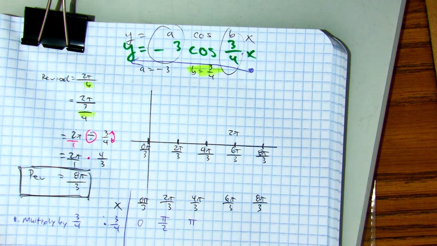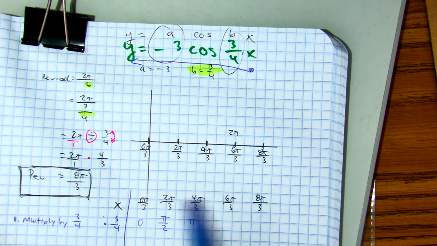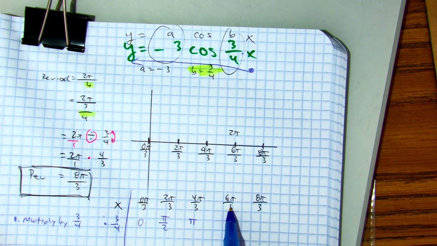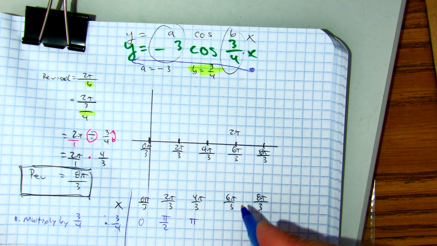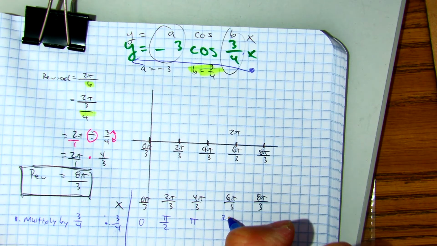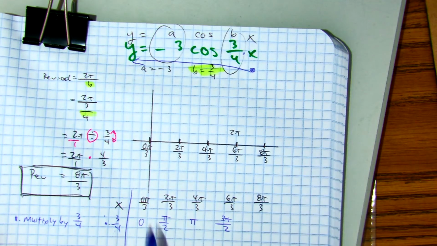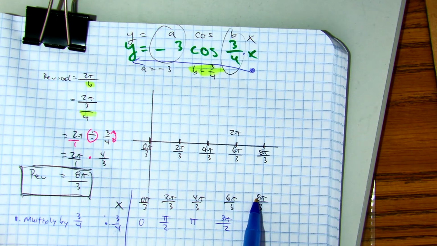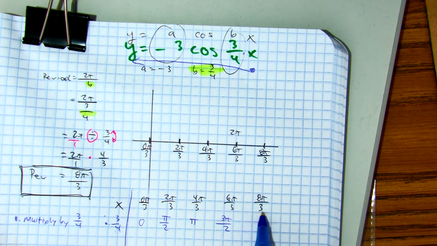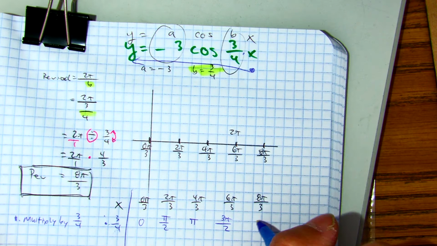Smells like the golden row, right? 3 times 6? 4 times 3? 18 divided by 12 reduces to 3 pi over 2. And 3 times 8? And 4 times 3? And 24 divided by 12 is 2 pi.